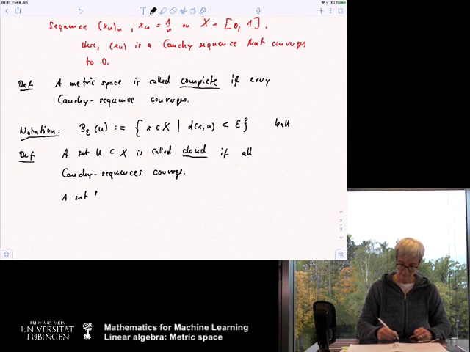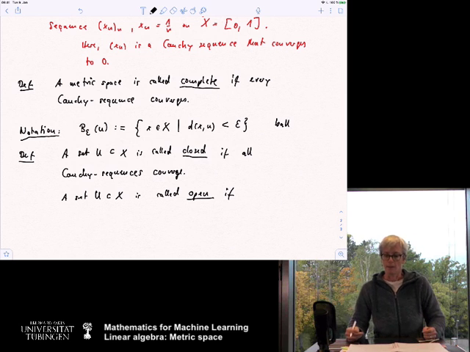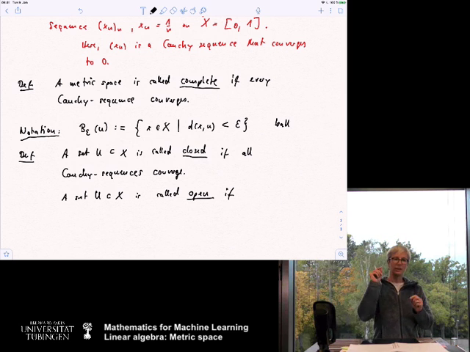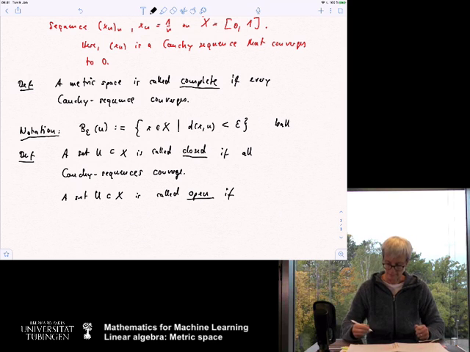A set U in X is called open if for each point in the set we can fit a little ball around this point which is completely contained in the set.